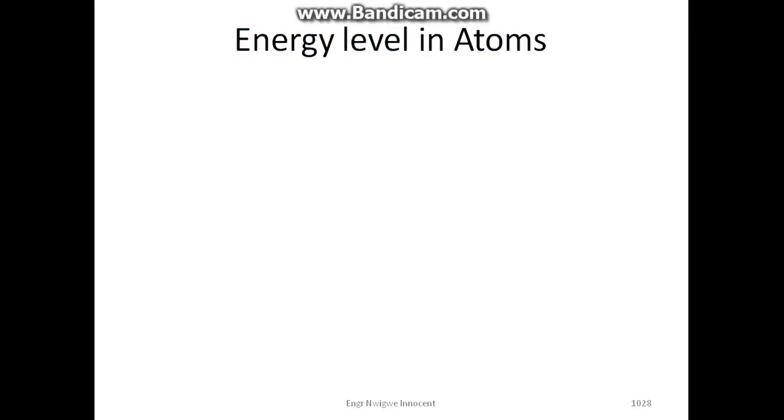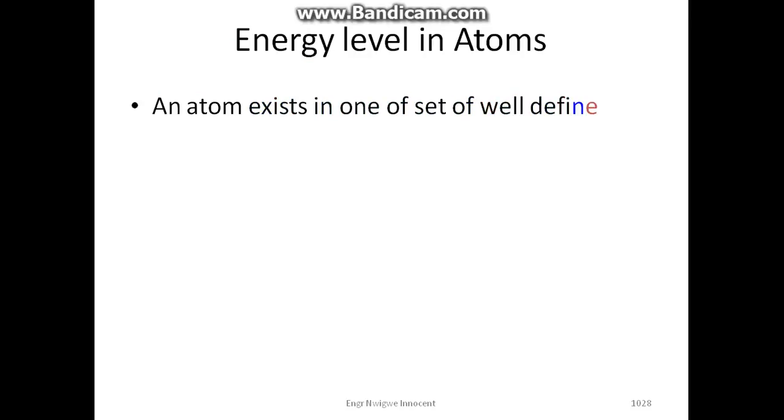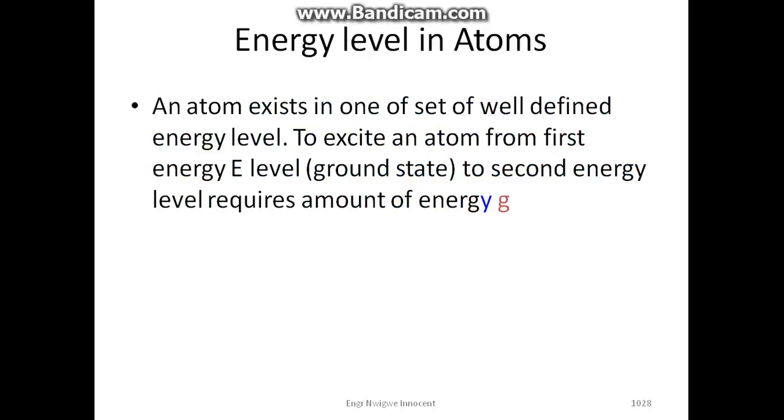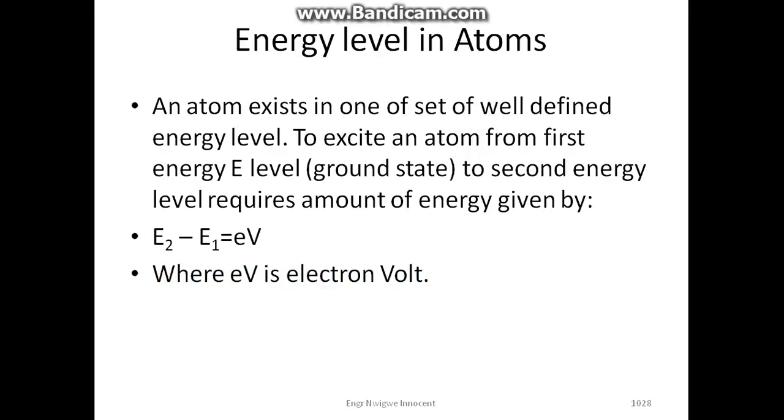Energy levels in atoms. An atom exists in one of a set of well-defined energy levels. To excite an atom from the first energy level, the ground state, to the second energy level, the required amount of energy is given by E2 minus E1 equals eV, where eV is the electron volt.